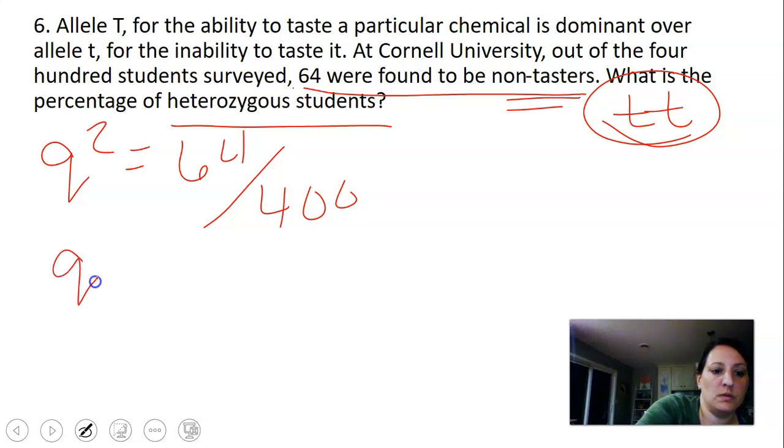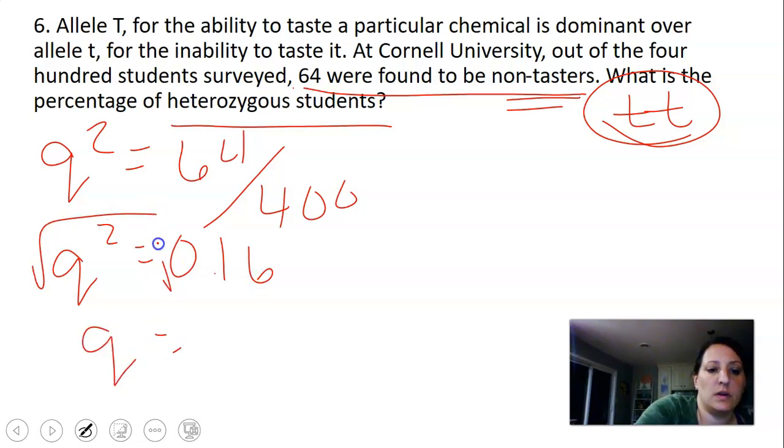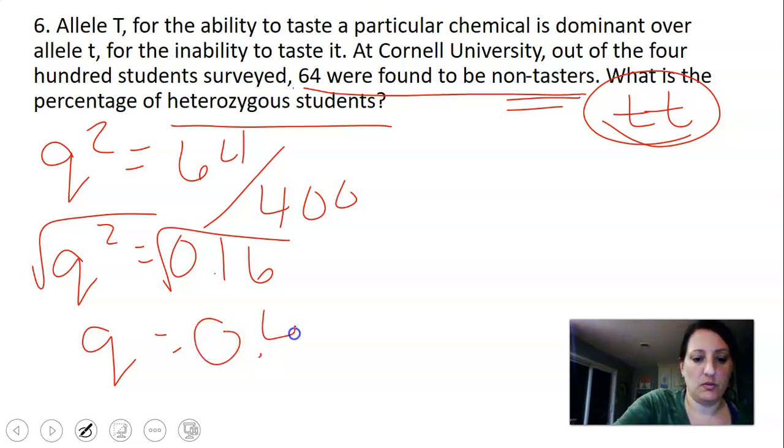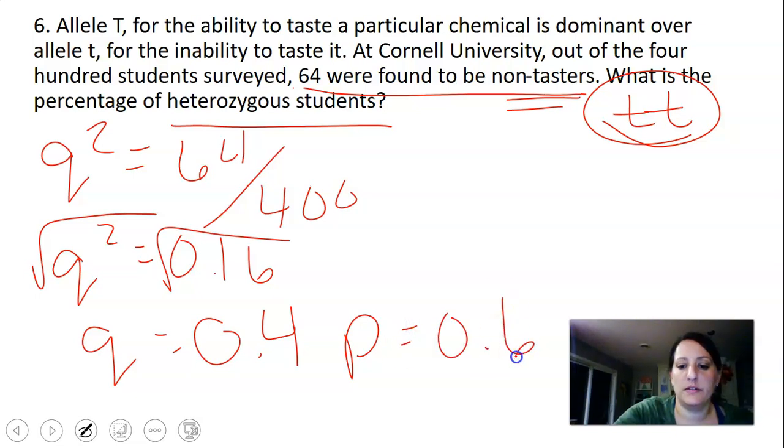So Q squared equals 0.16. So how do I get Q? I take the square root of both sides. And so the square root of 0.16 is 0.4, right? Yeah, 0.4. So I got Q. How do I get P? 1 minus Q. So P is going to equal 0.6.